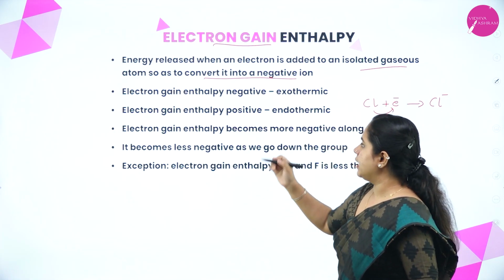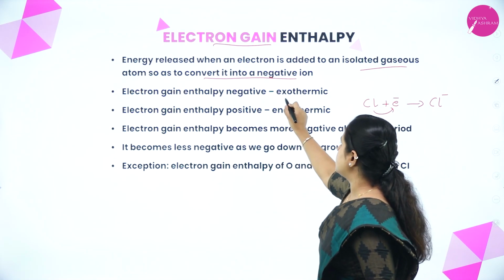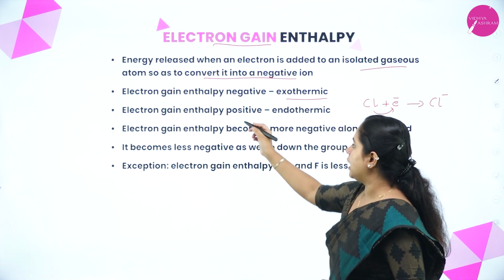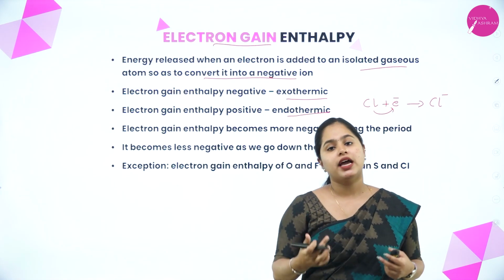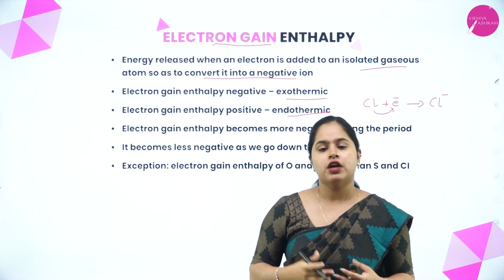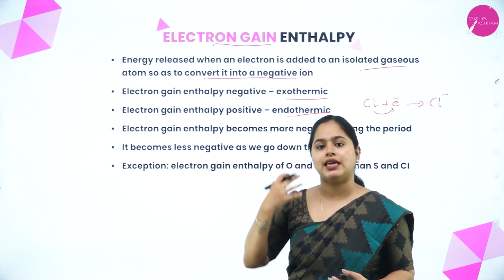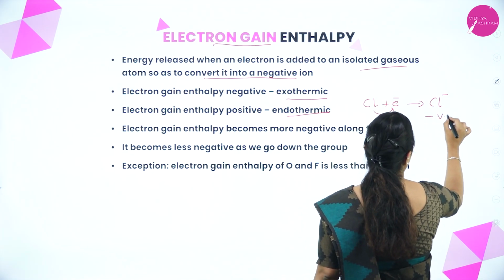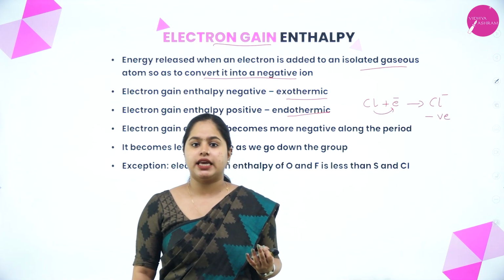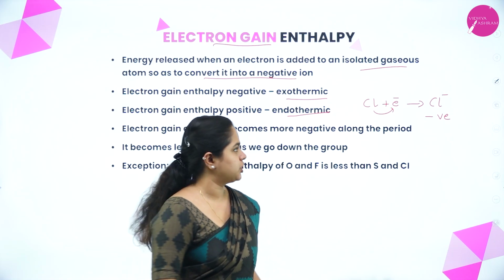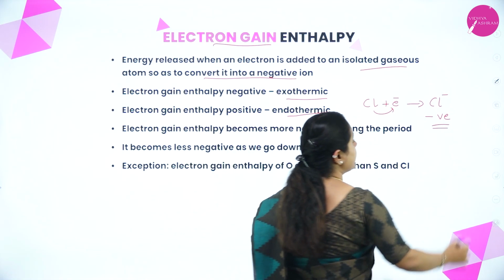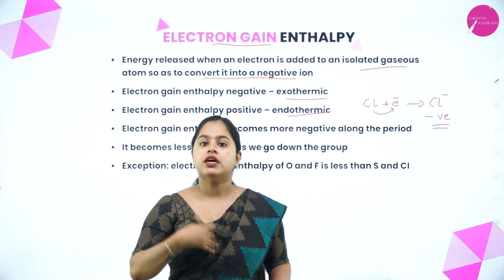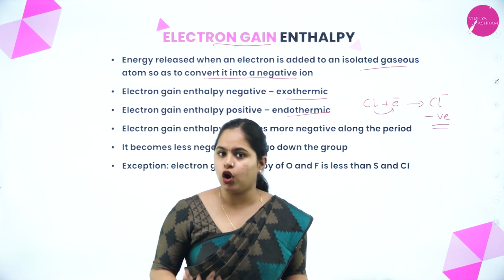Now, electron gain enthalpy will show negative values for exothermic reactions, and it will be positive for endothermic reactions. Now what is this? What you have to remember is that electron gain enthalpy is generally negative, when the reaction that is taking place is an exothermic reaction. Yes, energy will be released, so energy is lost from the system.